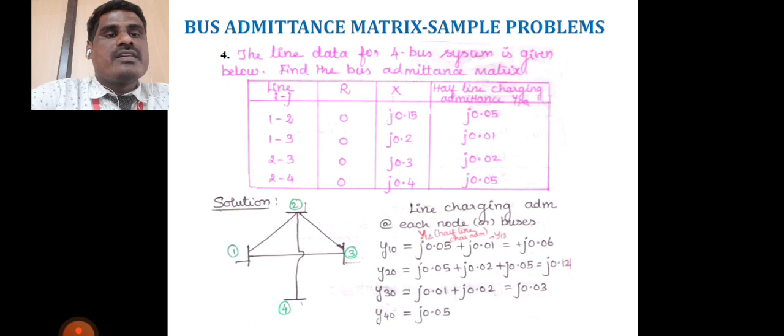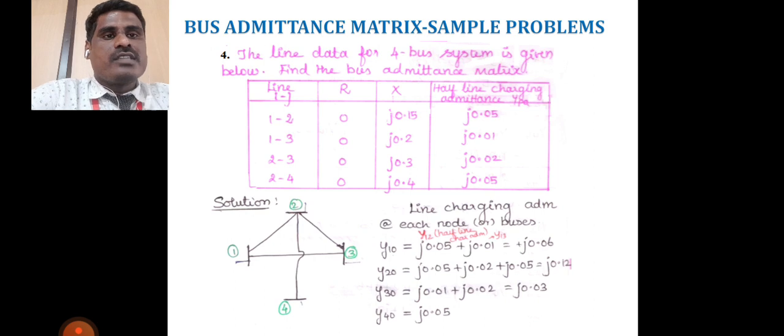So, if a problem directly gives the data in line charging admittance, we can directly calculate the individual node admittance values, like Y10, Y20, Y30, Y40.